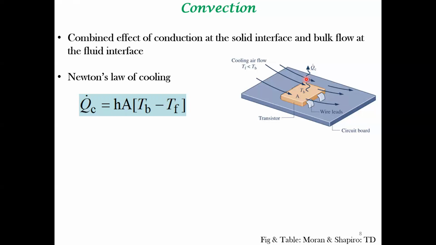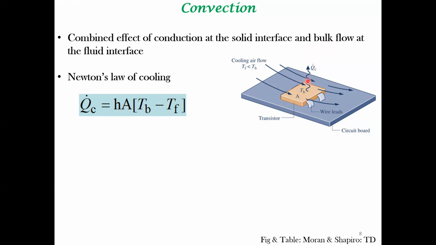So it depends upon the temperature difference between the bulk and this particular temperature. So here, TB is the temperature of this electronic component. TF is the bulk temperature of the environment. So this is a positive number.